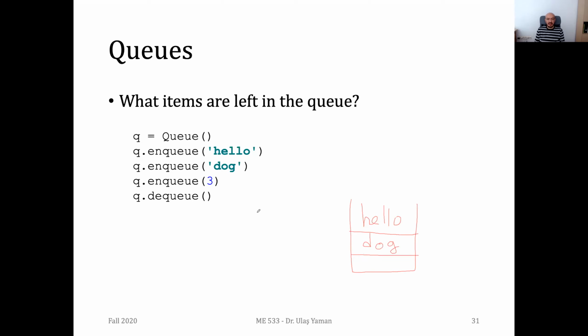And once you do another enqueue operation, this value will be inserted into the 0 index, and 3 will be here. So hello is the oldest item, and 3 is the newest item. So once you do the dequeue operation, obviously this string will be popped and returned. So we can say that this is equal to the string hello.